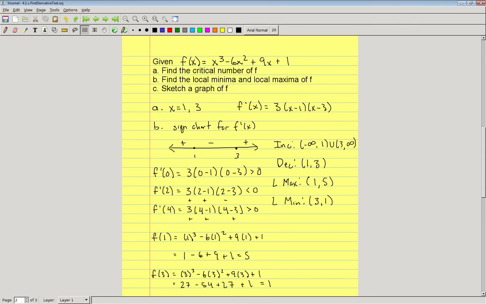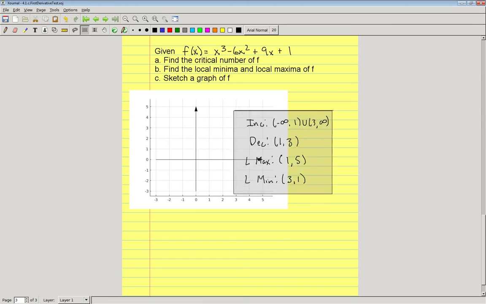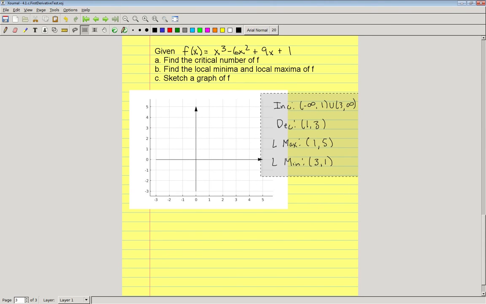All right, now what we're going to do is collect this information and use it to sketch the graph of our function. So the most important ordered pairs on our graph are the points 1, 5 and 3, 1, which represent the local maximum and local minimum of our function.